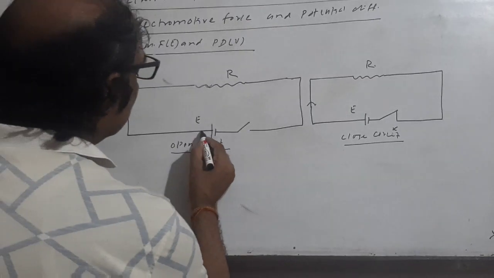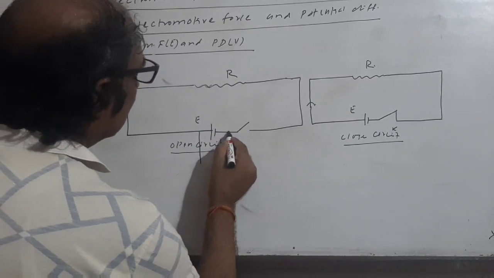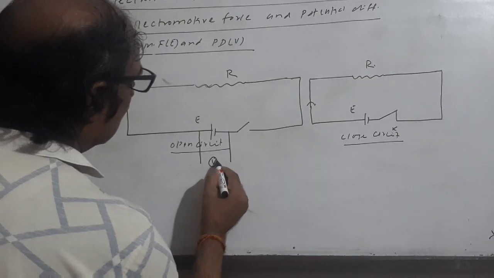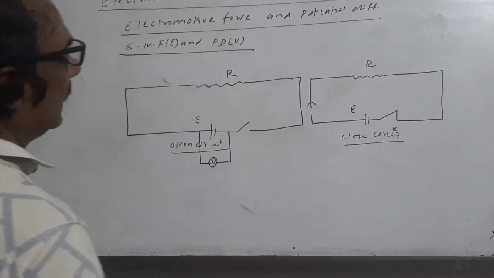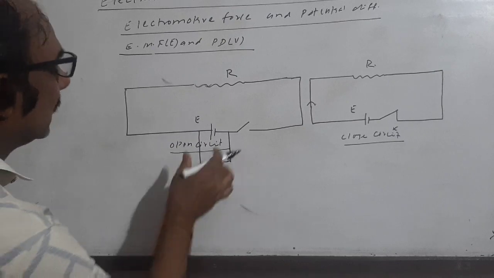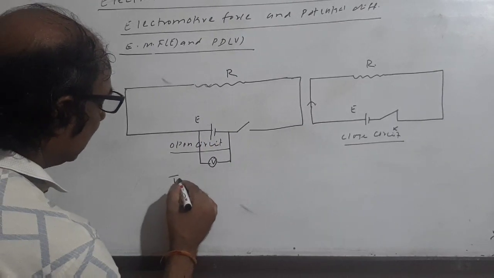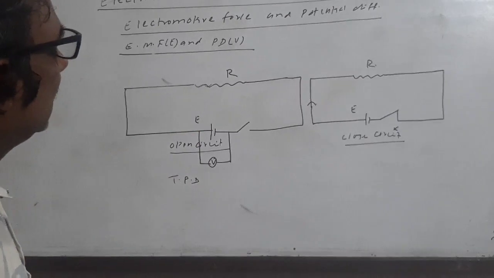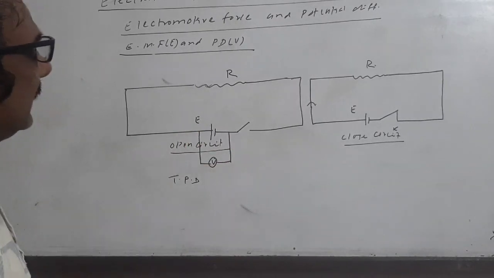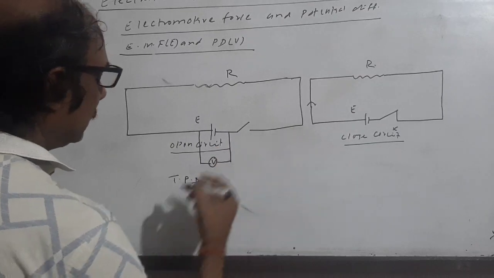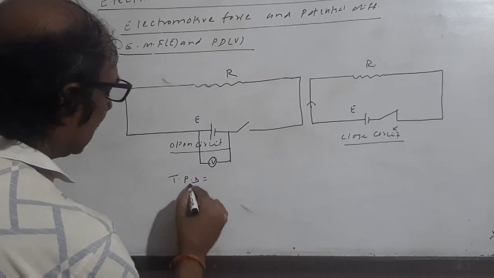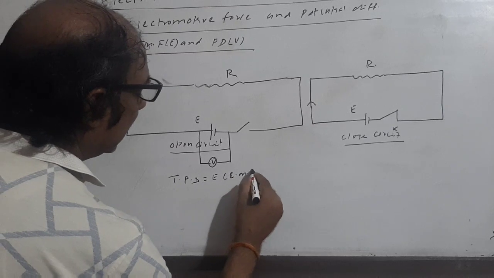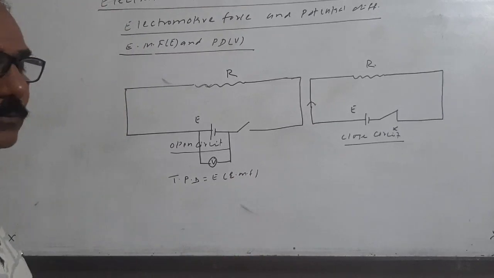But even then, if a voltmeter is connected across the terminals of the source or cell, in this situation the terminal potential difference across the cell, across the battery, when the circuit is open, is known as the EMF or electromotive force of the cell.